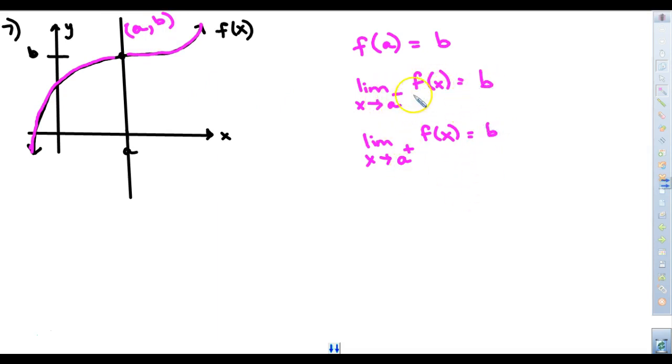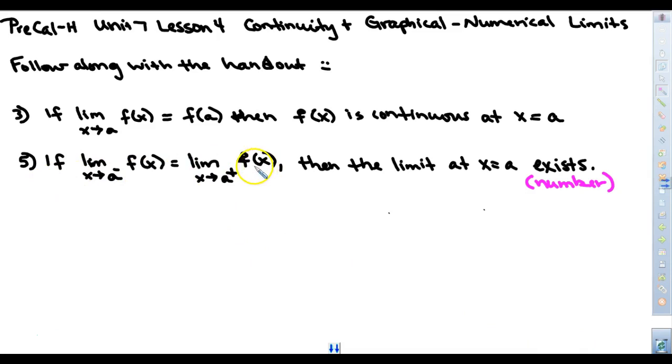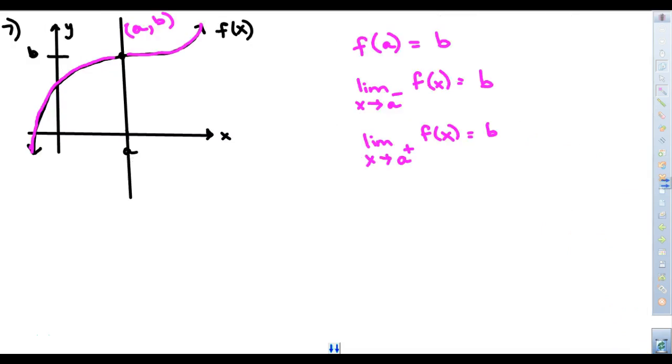Well, look at this. Your limit from the left side is the same as your limit from the right side. Okay? That's what number 5 was all about. If your limit from the left is equal to your limit from the right, then the limit at x equals a exists, and that limit will be a number. And the way that we write that is your next fill in the blank.